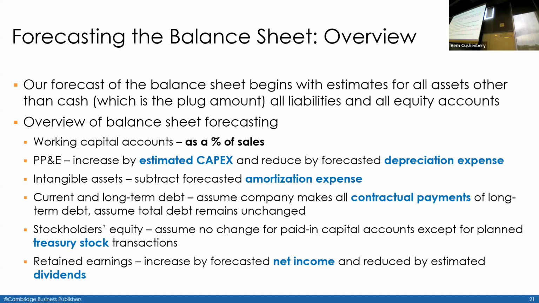You remember? Anything shorter than how long is current? 12 months, you got it. Yep, anything shorter than 12 months is current. So the current is going away because we paid that off. But next year, we're going to have a portion of our long-term debt that's not long-term anymore, because now it's coming due. So we have to take whatever that portion was and promote it, that now becomes current.